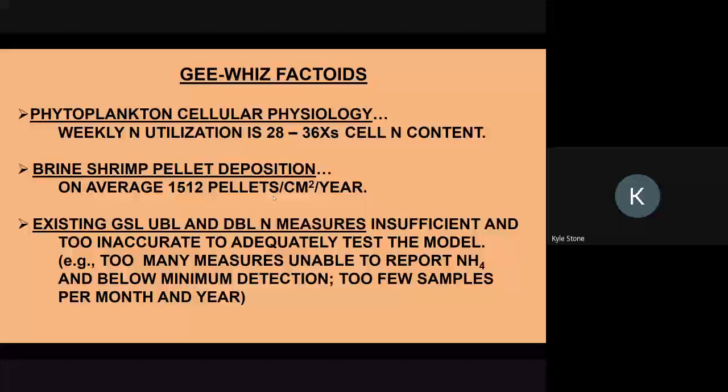Well, I looked at the physiology data, and on a weekly basis, phytoplankton are using 28 to 36 times their cell nitrogen content in just cycling it through their bodies.